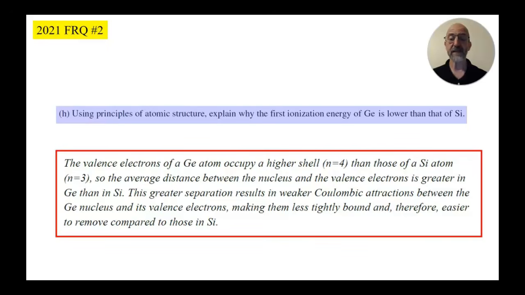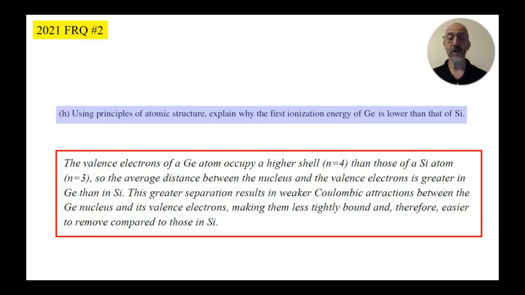That's very complete and explains that you're talking about different energy levels, therefore weaker coulombic attractions for the germanium versus the silicon, easier to remove the electrons, therefore the ionization energy of germanium is less than that of silicon, because those valence electrons in germanium are located in a higher energy shell or level, making them easier to remove.